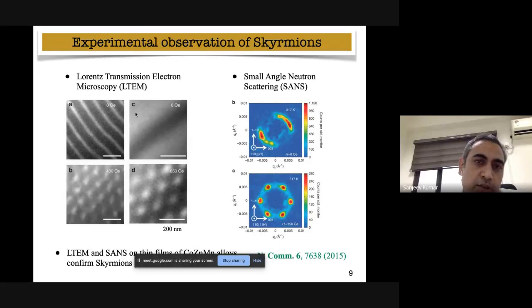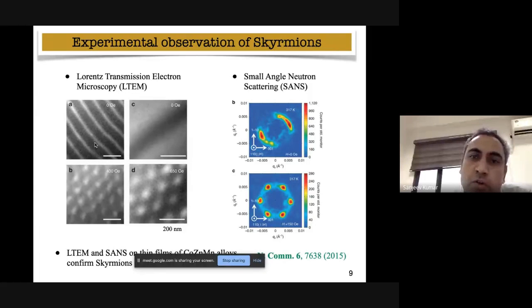Now, this is of course backed up with the small angle neutron scattering data. Typically neutron scattering maps out, like a structure factor calculation, the periodicity in the background, right? So if you do a neutron scattering experiment and you find a sharp peak somewhere, that means there is a periodic organization of the background real space texture, and the reciprocal vector corresponding to that periodicity shows up as the peak.